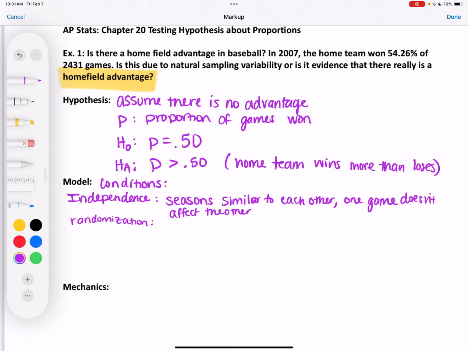But you have to play them so many times, home and away. So while it may not be randomly selected, it's definitely representative because we're looking at all the teams. So, not randomly selected, but representative.